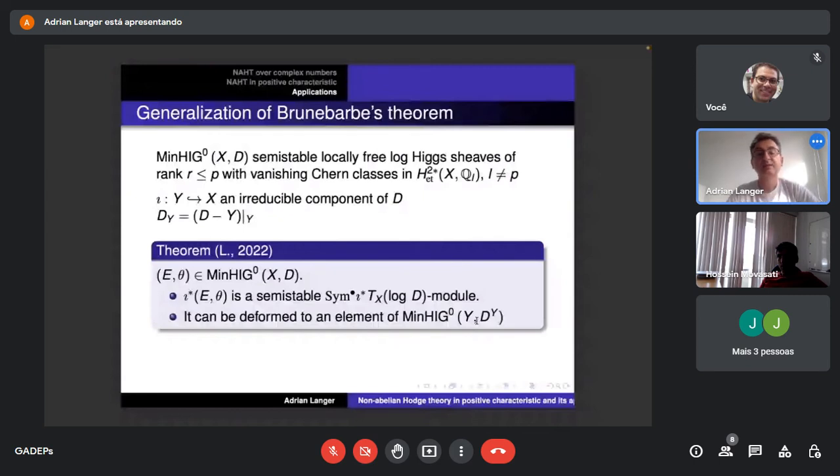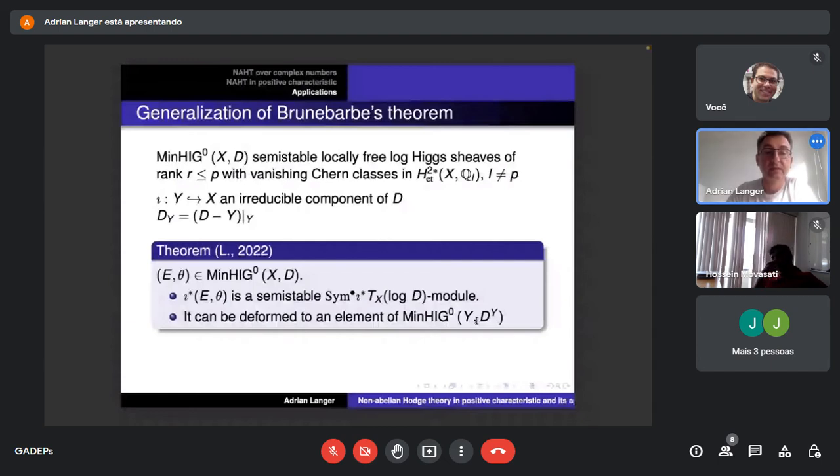So this is still our characteristic p field. The theorem in the characteristic 0 case is also the same.